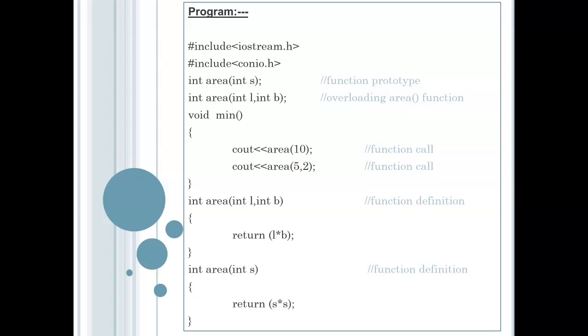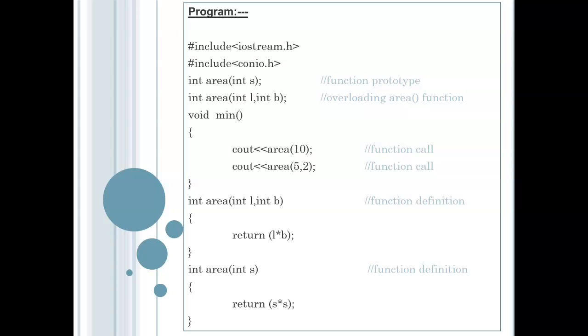I have declared both the functions with the same name, that is area. But if you see here, in both places the parameters are different. In the first case, I have declared area with only one parameter. In the second case, I have declared area with two parameters.